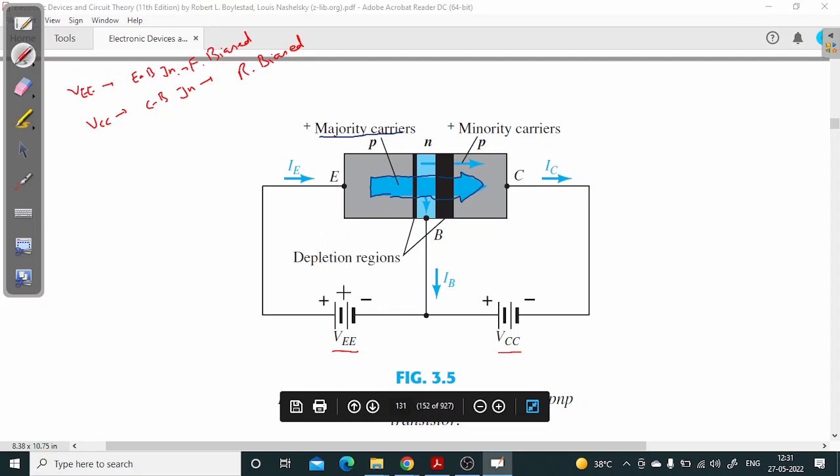But here we have connected biasing to both of these junctions. So what happens when majority carriers from the P side, which are actually holes, enter into the N-type base region? Keep in mind that the base region is very thin and also very lightly doped, so it is out of the capacity of the base region to hold these majority charge carriers for a duration of time.